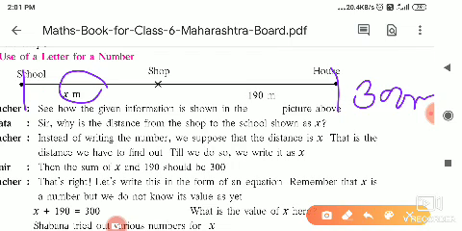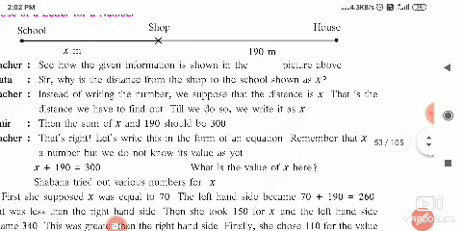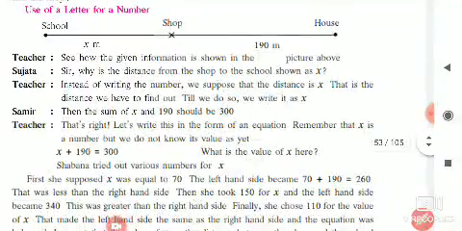And if you see here, the shop is in between the school and the house. Therefore, the distance from the school to the shop plus the shop to the house is totally 300 meters. So Samir said that the sum of x and 190 should be 300. The teacher said, that's right.